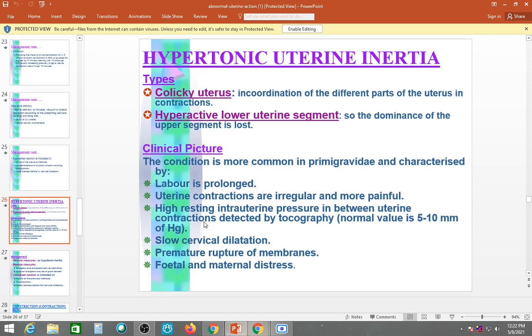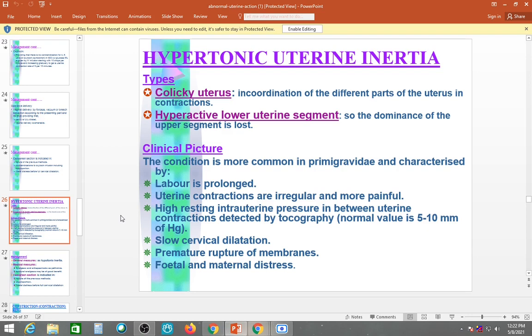Then there is high resting intrauterine pressure in between uterine contractions, detected by tocography. The normal minimal tone of the contractions is 5 to 10 mm of Hg, but here the resting uterine pressure in between contractions is high, in the upper segment. Then there is slow cervical dilatation; the cervix will not dilate.